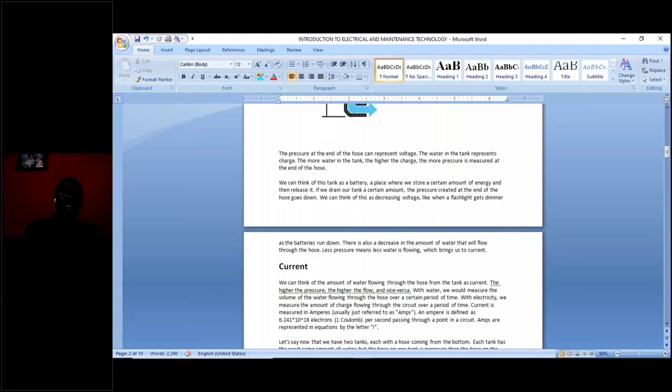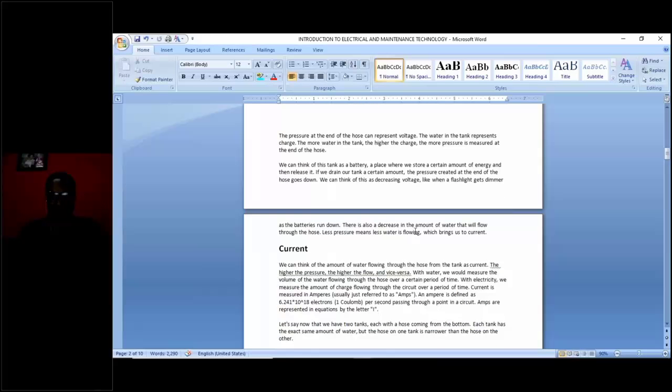So we can think of this as decreasing voltage. The amount of charge in your tank is directly proportional to the pressure that you release in your hose. You understand? That means the higher the charge, the higher the voltage.